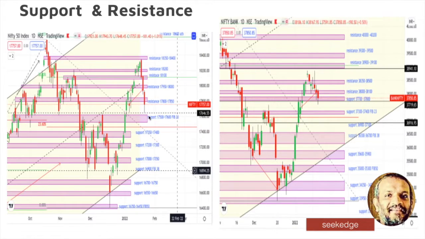You can see that we had marked 70,500 to 70,600 as a Fibonacci 23 retracement level, and that is the support. It came down to exactly the same place and then bounced up. So the first support would be that 500 to 600 band.